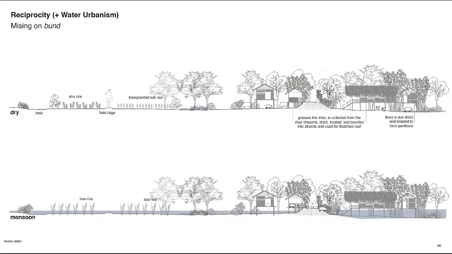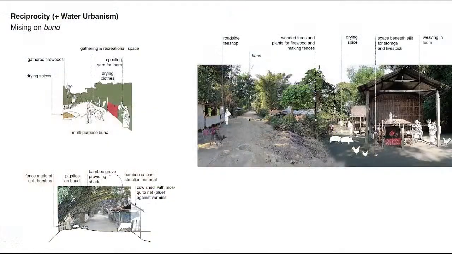But in the monsoon, when the water comes up to the stilts, the livestock which would usually be placed under the stilts are taken on top of the bunds. So here you can see structures being made, and the livestock and the cows are placed in these structures.